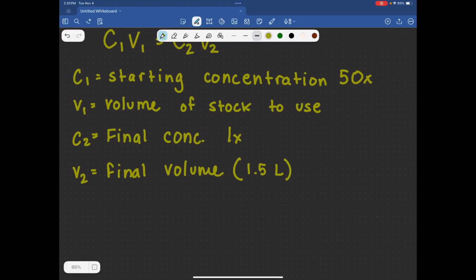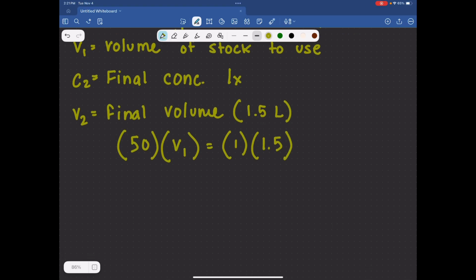So now we just simply plug our numbers in. We get V1 on its own.